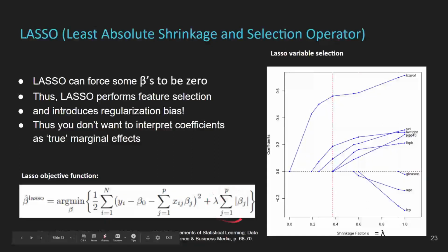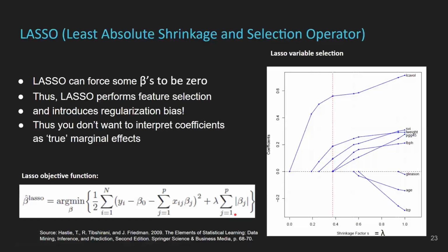The penalty in lasso is related to the absolute value of the coefficients. And lambda is now the weight by which this penalty gets into the overall objective function. So higher lambda makes this more important relative to reducing the sum of squares. So be careful here. This only goes from j equal 1 to p, so the intercept is excluded.